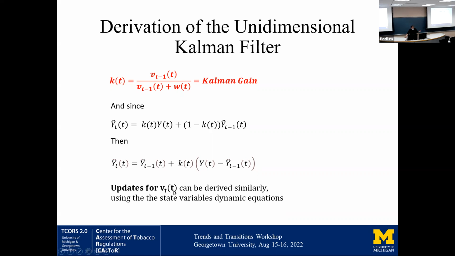So we could go and do exactly the same kind of derivation to produce how to actually update the variance of the estimator at time t with the data up to time t, because we are going to use that to project the future state.